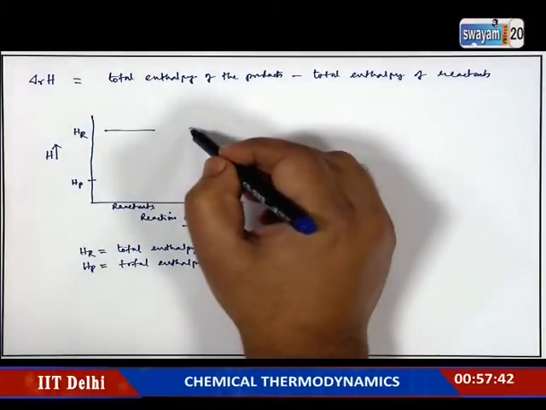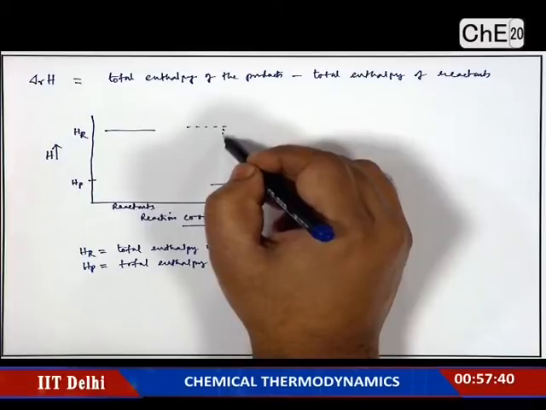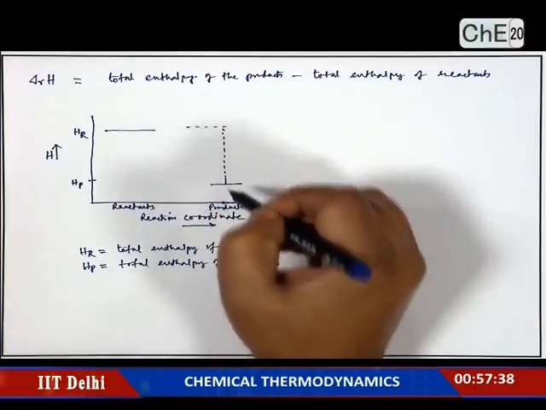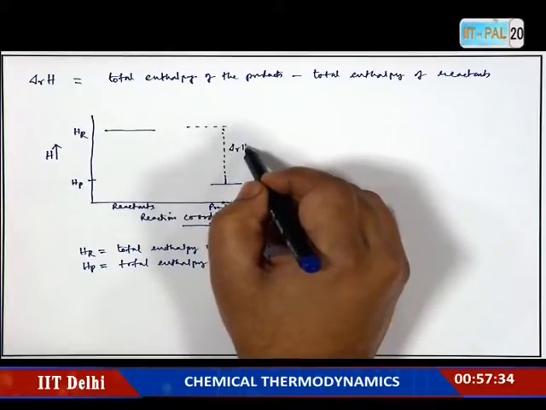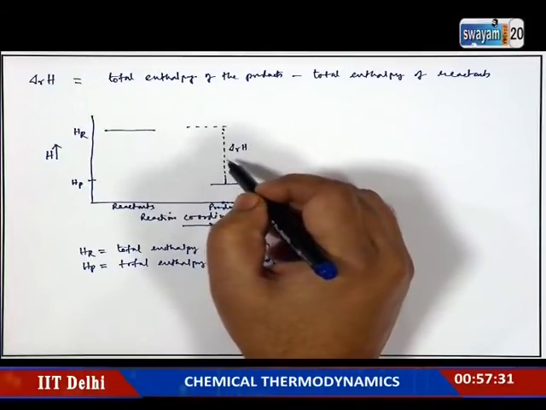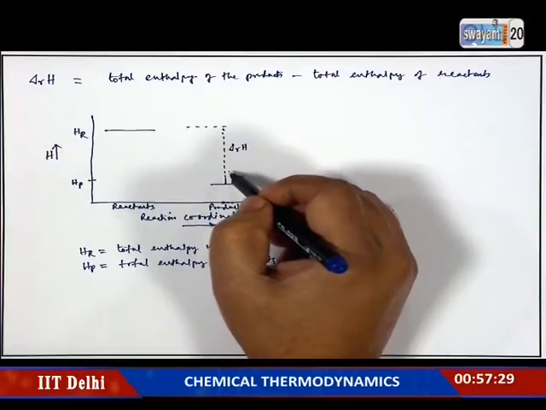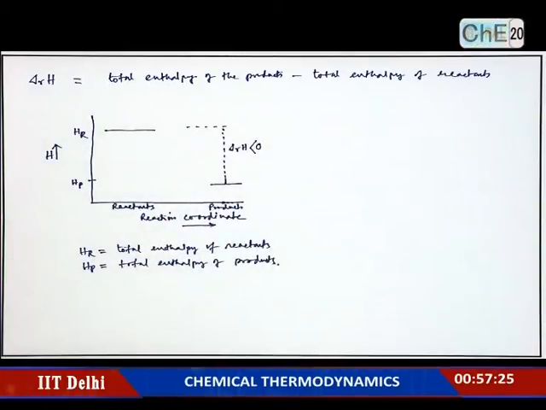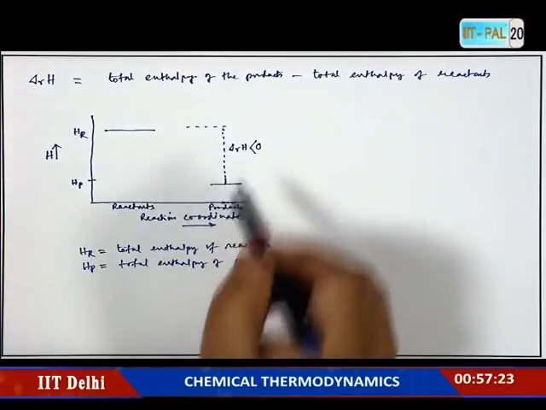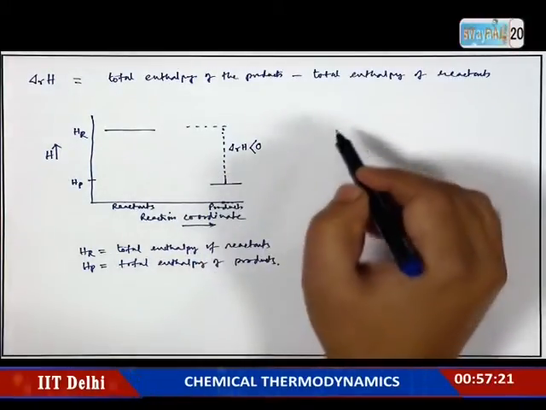Then the enthalpy of reaction, delta R H, is given by this difference, product minus reactants, which is a negative value. So, this is an exothermic reaction.